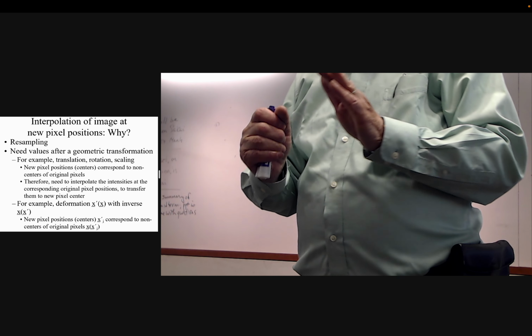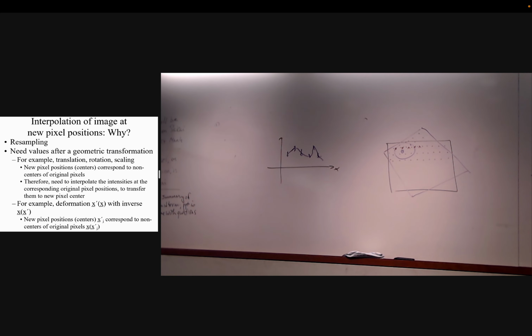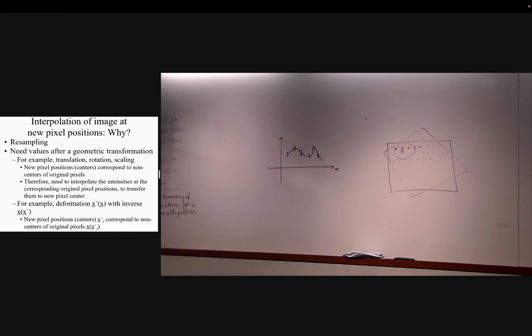We talked about that already once when we talked about using B-splines as a means of representing these deformations. But never mind, you have an x prime of x, and the x prime positions don't correspond to the original x positions, and we have to worry about interpolation again.